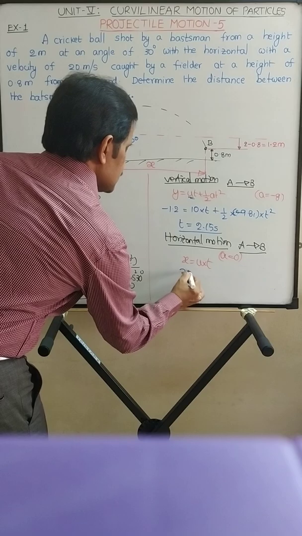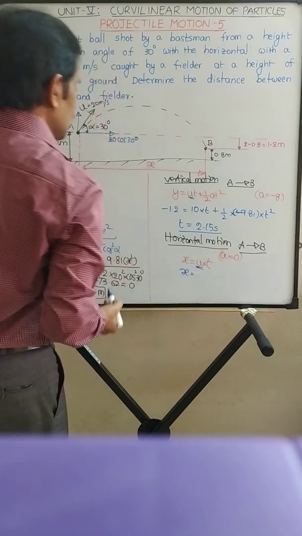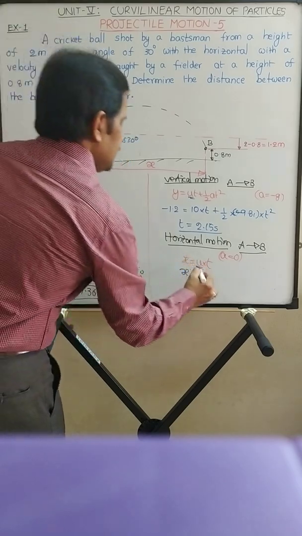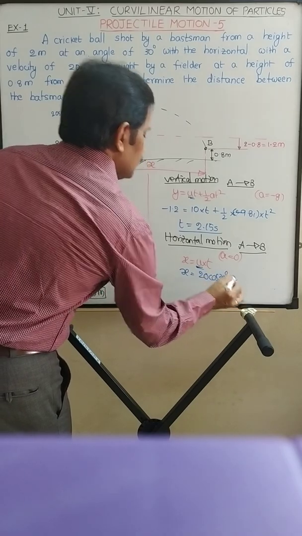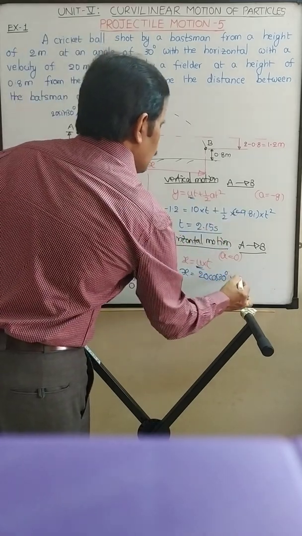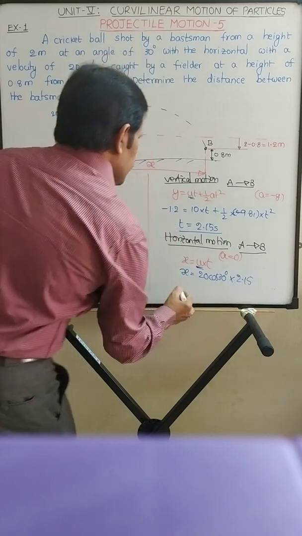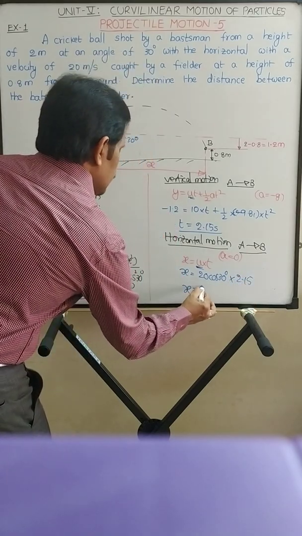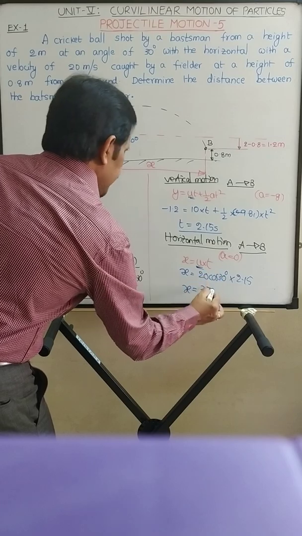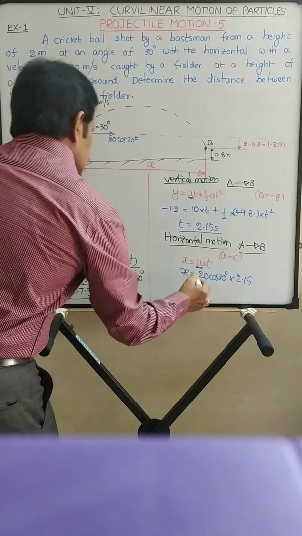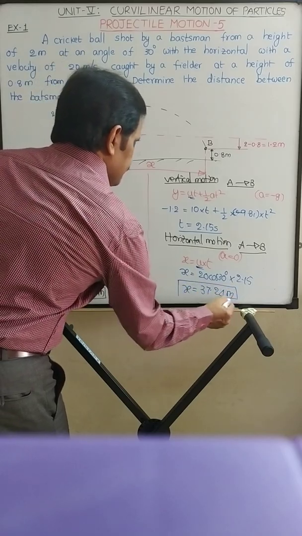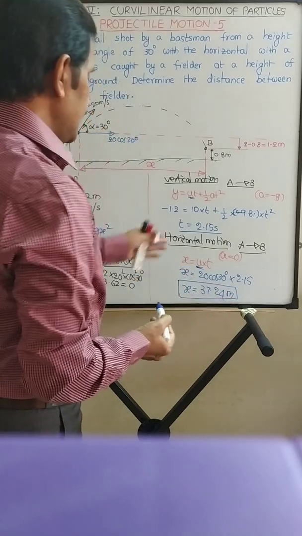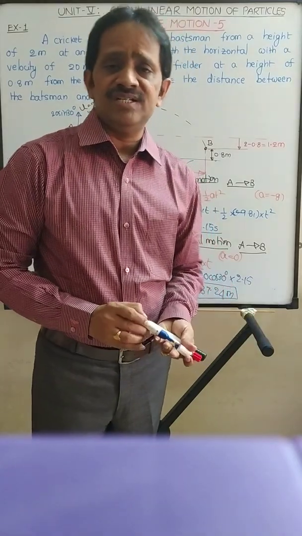It is x. u is the horizontal component of velocity, 20 cos 30, into t we have 2.15. So you get x is equal to 37.24 meters. So the small difference is there in the rounding of the digits.